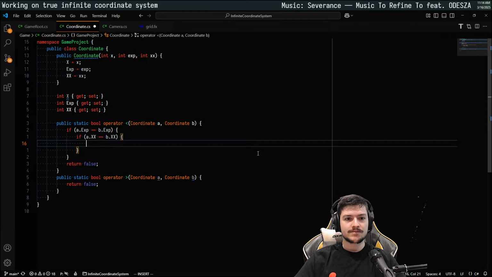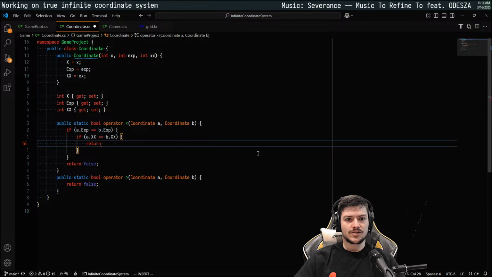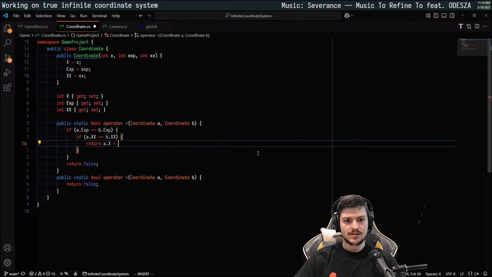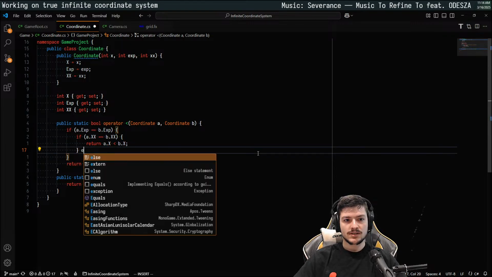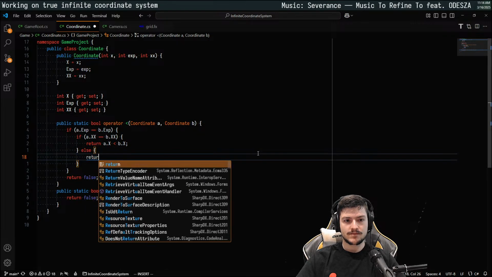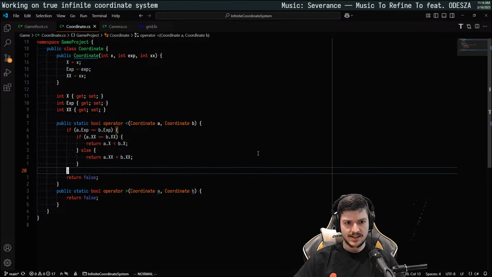Then, if they're the same, you're in the same scale. Return a dot x, b dot x, else, if they're the same, then a should be fine. So this covers the cases.